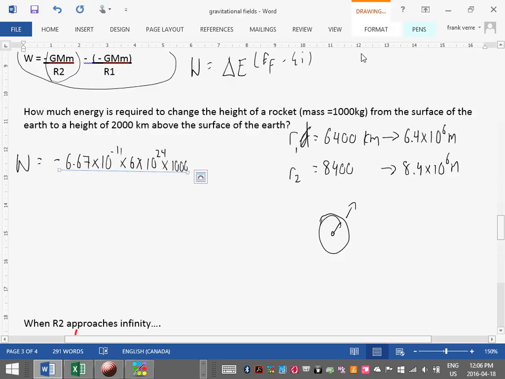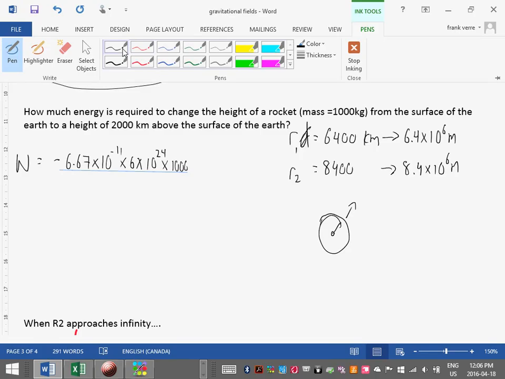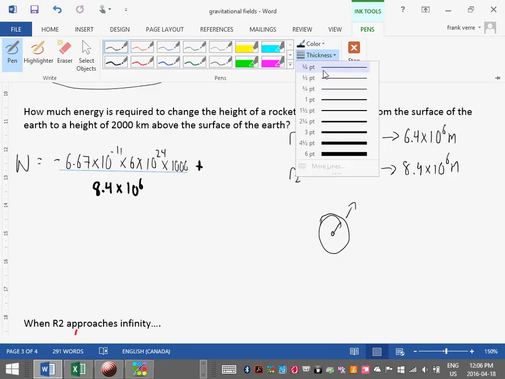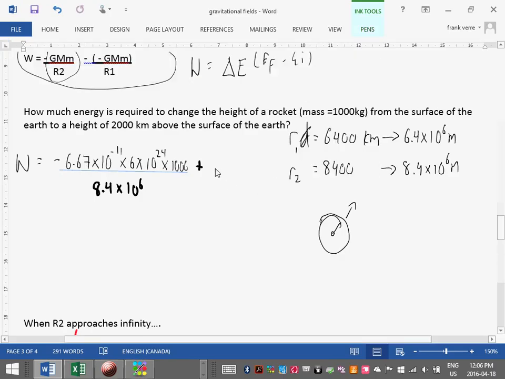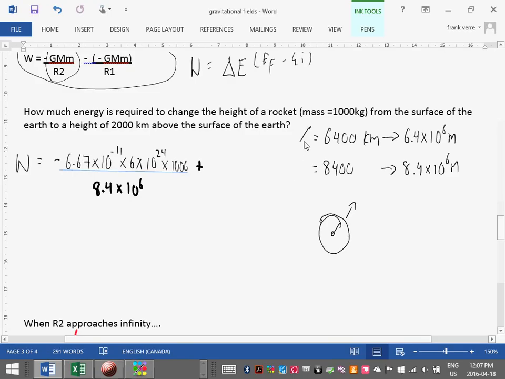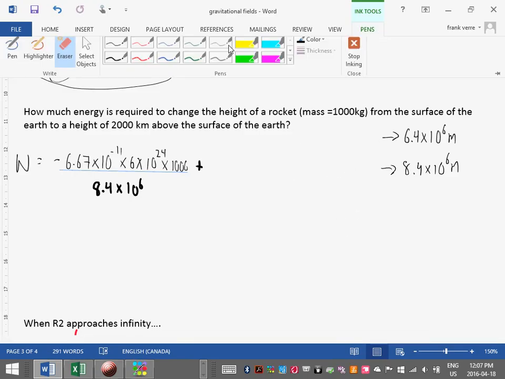All right, there you go, there's my line. Over R2. R2 was 8.4 times 10 to the 6. And we're going to subtract a minus, so we're going to add the same thing. Okay. Can I erase these numbers now? Because I'm going to run out of room here.